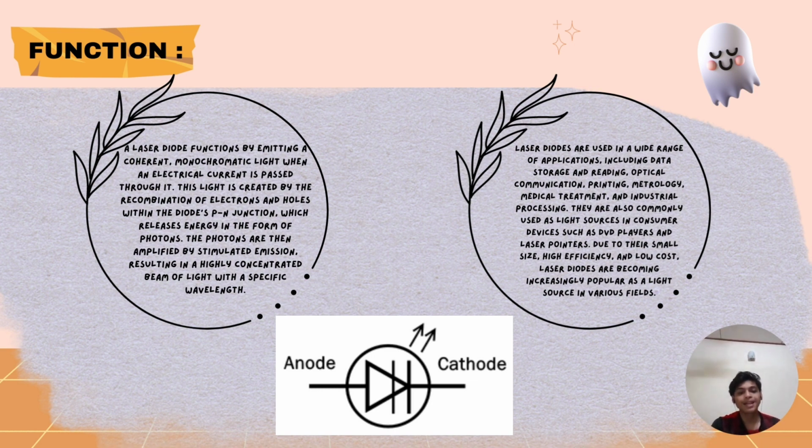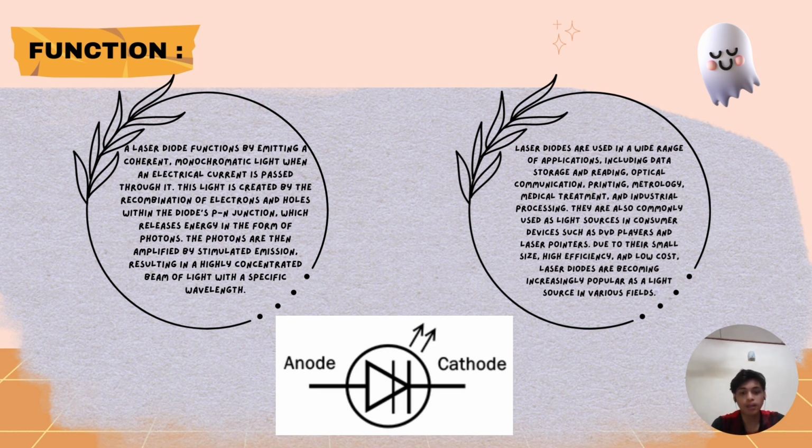The emitted light is characterized by its coherence, meaning the light waves are in phase with each other, and it is monochromatic, meaning it consists of a single wavelength.